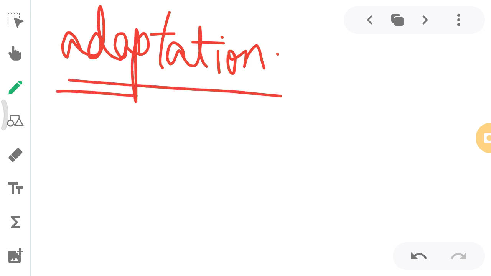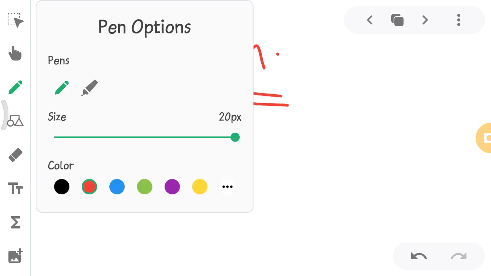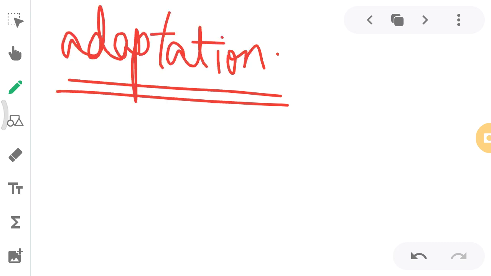What is this adaptation? Have you heard this word before? The presence of specific features or certain habits which enable an organism to live naturally in a place is called adaptation. That's it.